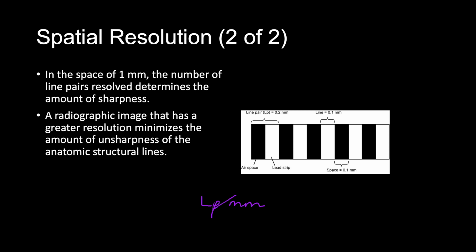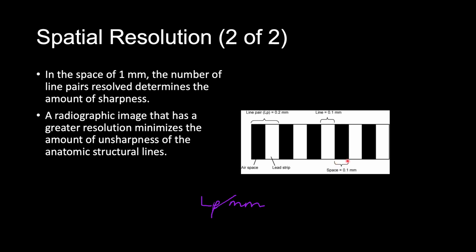So if you look at this figure here, you can see that the line pair, or LP, equals 0.2 millimeters. So we have that here. This is the line pair. We have the airspace, then we have a lead strip. Airspace, lead strip. Keeps going. One of these is a line, and it is 0.1 millimeters. 2 of these is a line pair, and it is 0.2 millimeters.